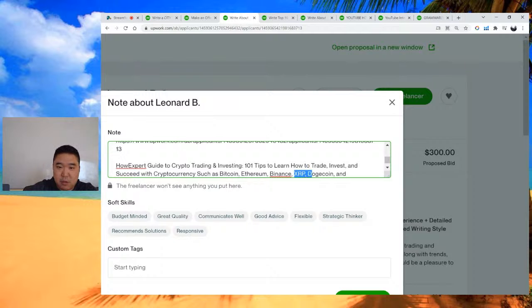Dogecoin is the most popular meme coin, but it is in the top 10. There's other platforms like Polkadot, Chainlink, right? Might be missing a couple, right? But those are essentially the top 10. I think the definite top 2 are Bitcoin and Ethereum.